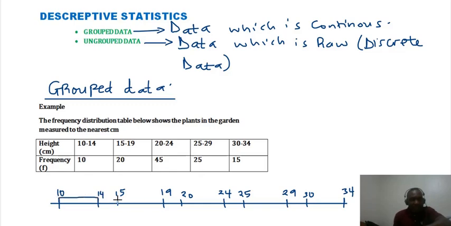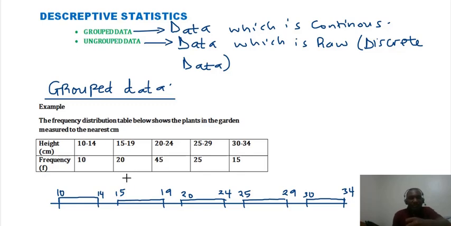When you look at this type of data, it is not continuous as the definition of grouped data. What are we supposed to do to make it continuous?